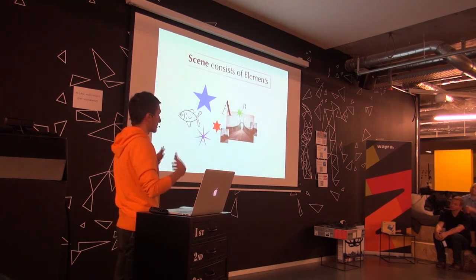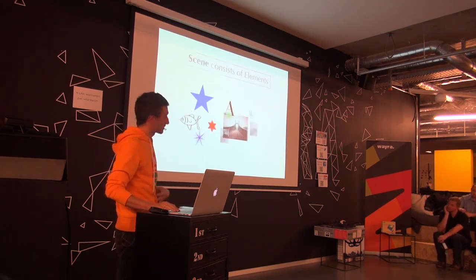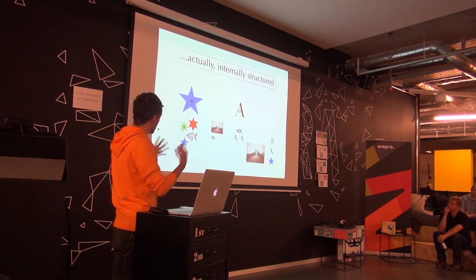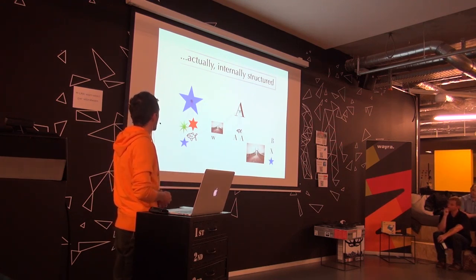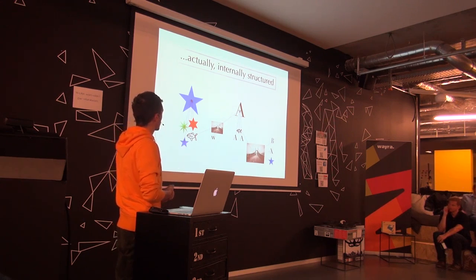The scene consists of different elements like shapes, text, and different stuff. They are actually structured, and they are structured in the way where the element may be actually empty, but may have some children.